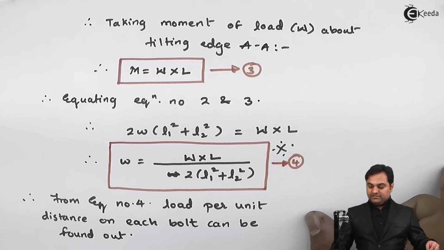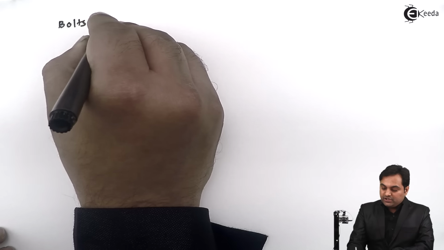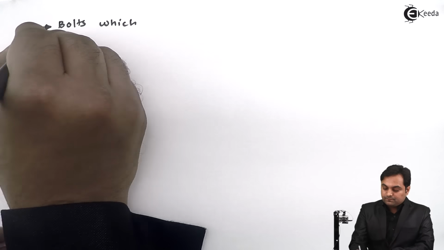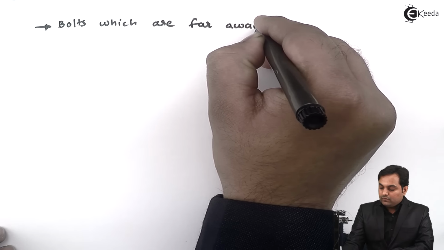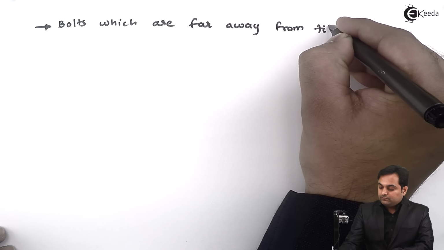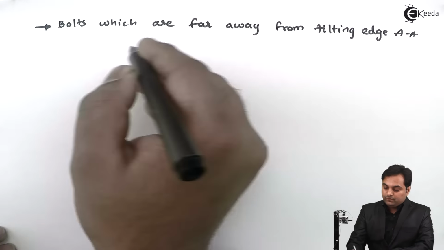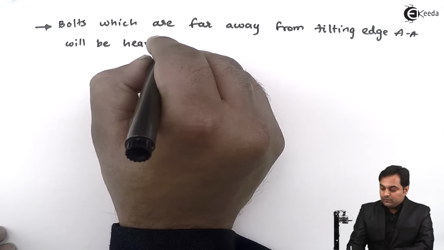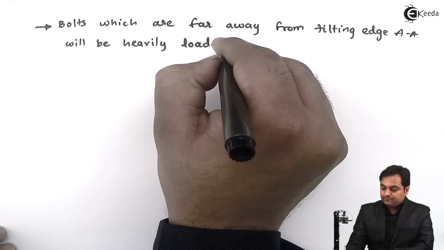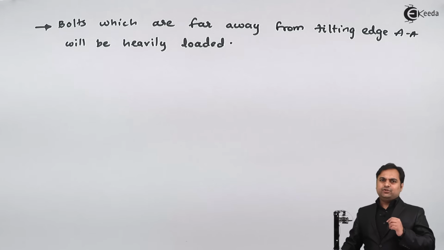So after this I'll say that bolts which are far away from tilting edge AA will be heavily loaded. So therefore we would be designing the bolts at section 2.